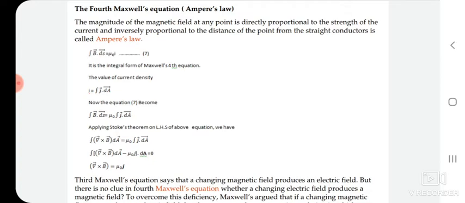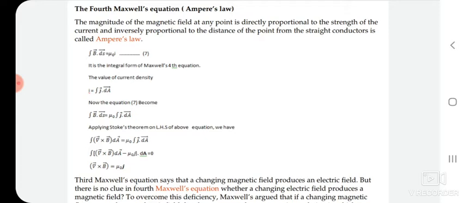Simply put, the line integral of a magnetic field over a closed loop is equal to mu naught times the current flowing through that circuit, as we discussed in the first lecture.